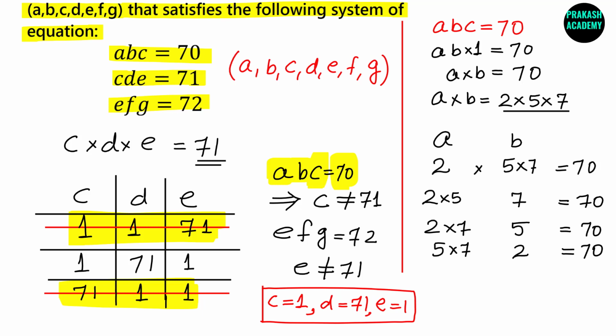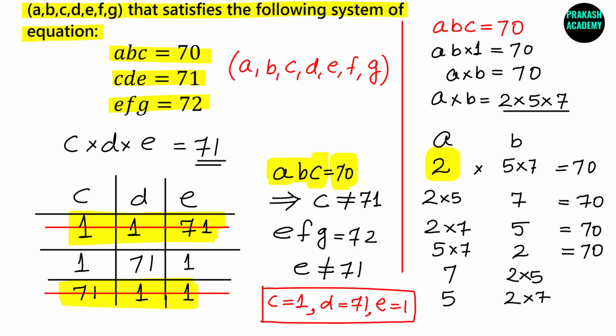Now we have taken 2 as one number, and we can take 7 as one number. So if I take 7 here, then we will have 2 and 5 here. And if I take 5 here, I will have 2 and 7 here.